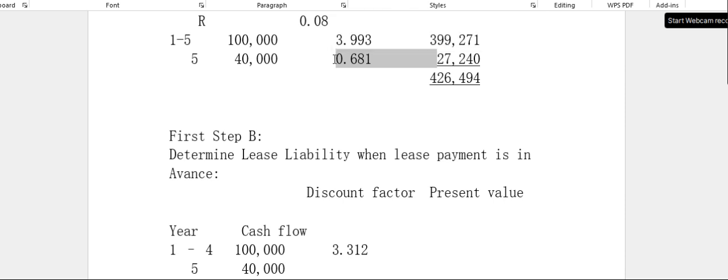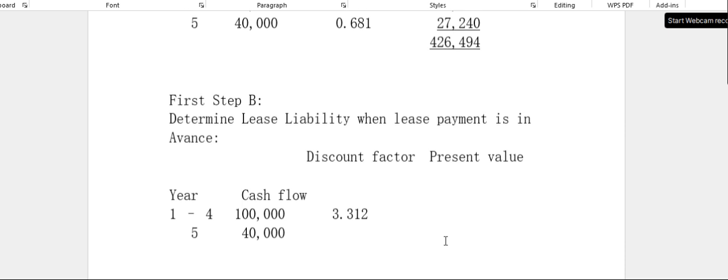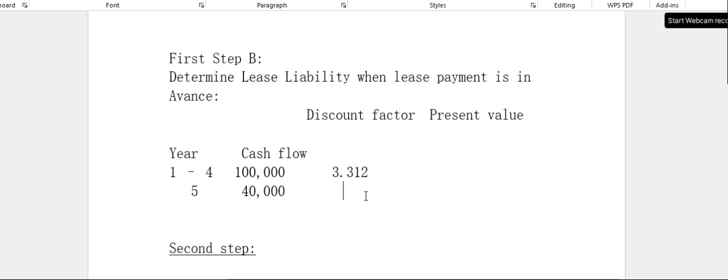So what will be our year 5 value now? The discount factor for year 5 is what? 0.681. Thank you so much. Do you know how we got 0.681, everybody?